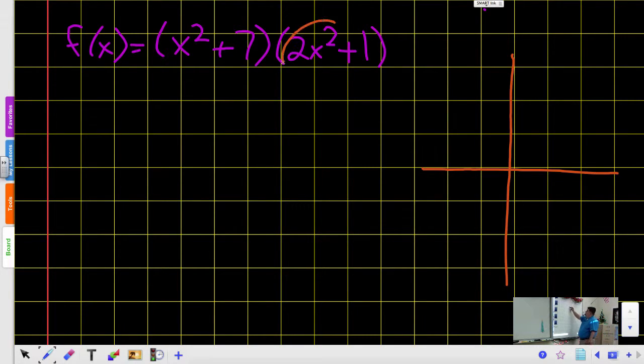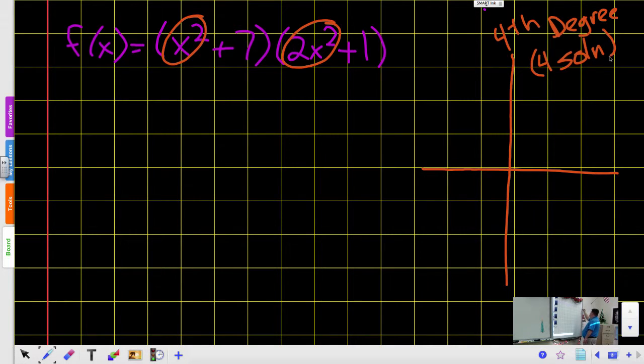So I've got x raised to the 2nd power times an x raised to the 2nd power. So that means it's a 4th degree polynomial. That means that I have the possibility of having 4 real solutions or 4 x-intercepts.